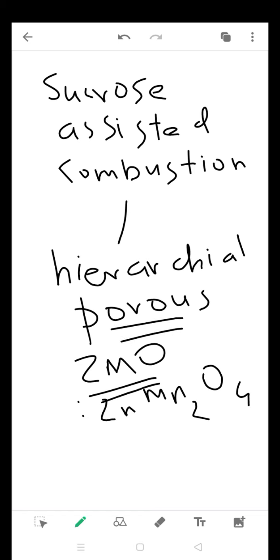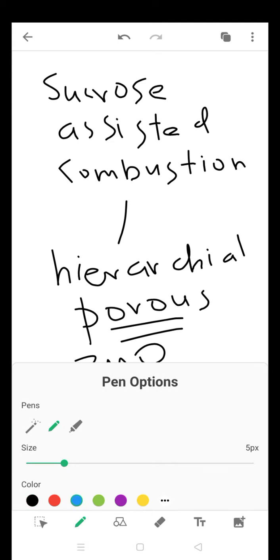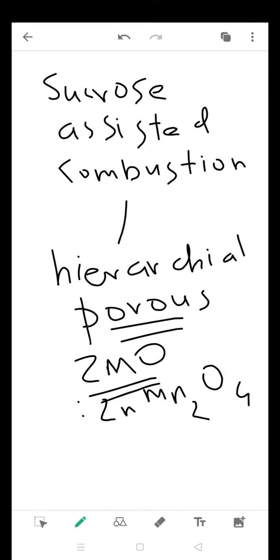The porous nature is very useful in energy storage, because the electrolyte can easily pass through the pores. And talking about its performance, this type of porous material has been found to give a specific capacitance of 416.96 farads per gram.